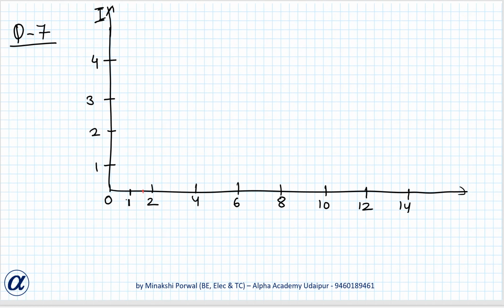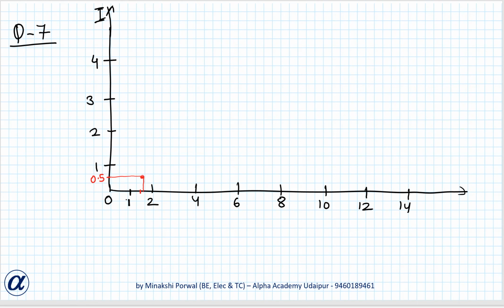The corresponding value for it is 0.5 amperes. So 0.5 is this, and 1.5 is this. So 1.6 is this, and for 1.6 we will mark the corresponding point.